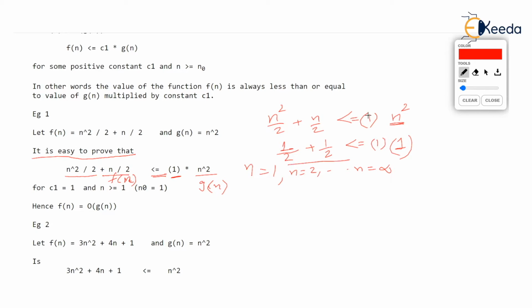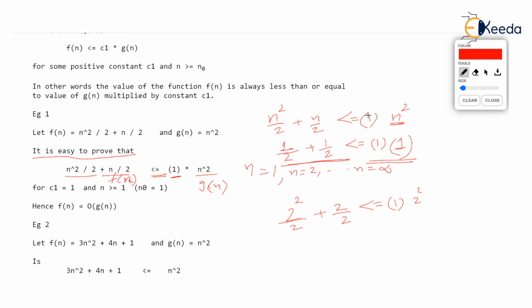Like that, if you put n as 2, it will be still true, because if you put n as 2, the left hand side will become 2 square upon 2 plus 2 upon 2. Is it less than or equal to 1 into 2 square? So this is going to become 4 by 2, which is 2, 2 plus 2 by 2, which is 1. So 2 plus 1, 3.